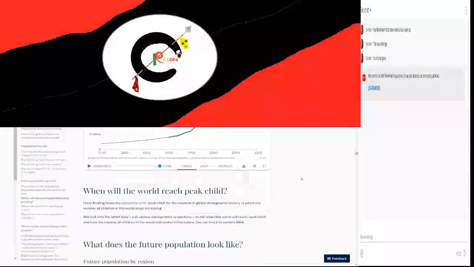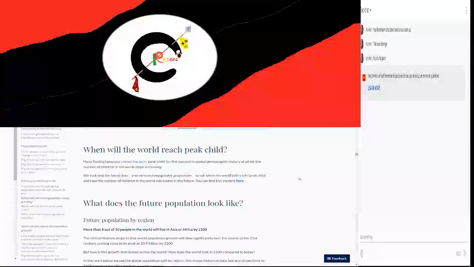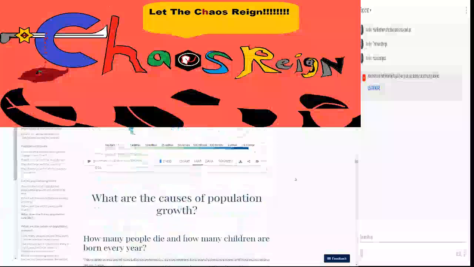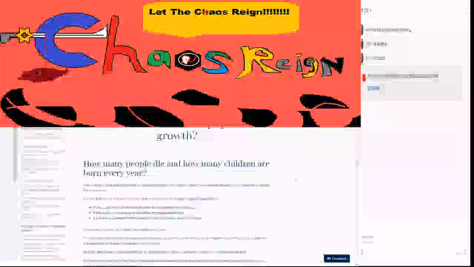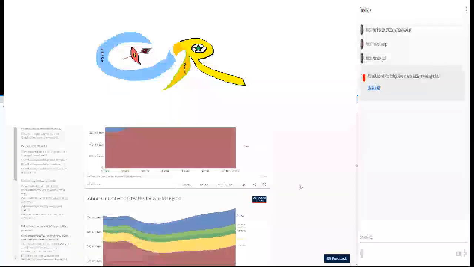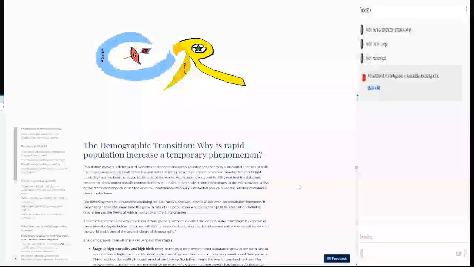All right, so let me go down. It shows what the future population will look like, which is an estimation, and they only go by data and numbers. And usually it always depends on death and birth as the determinant of where population is going. I'm just scrolling down, and it looks like the same.